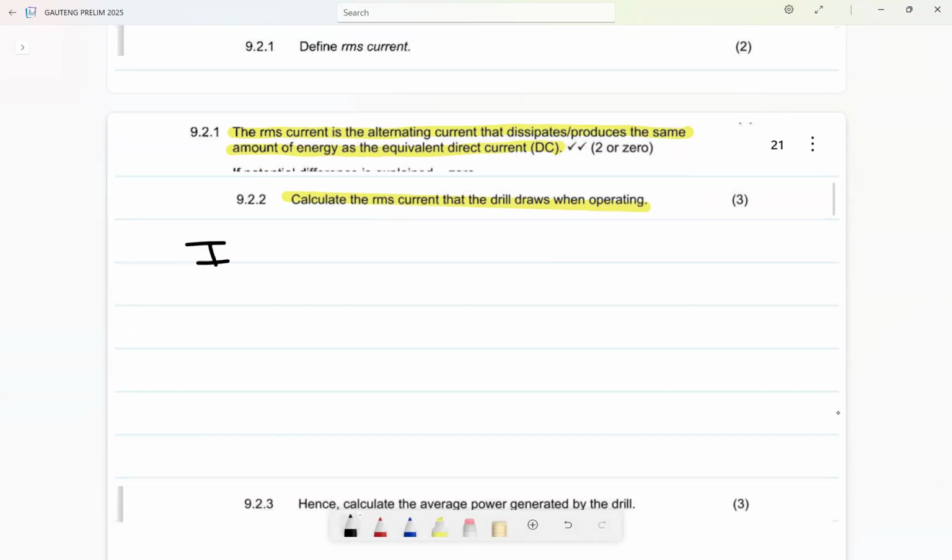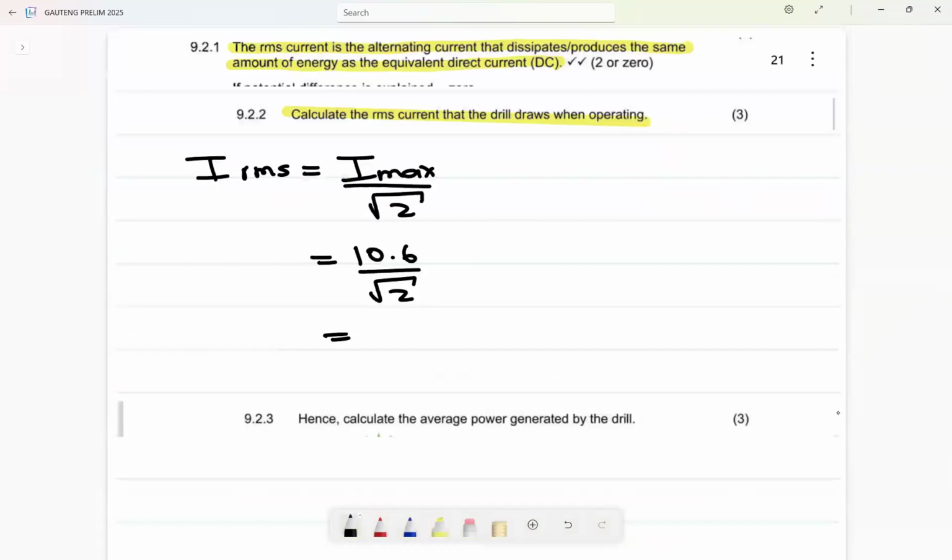Remember, for RMS you have your maximum, and you just need to divide that by the square root of 2. So it's going to be I max, 10.6, divided by square root of 2. Then it's just an easy calculation, and it's going to be 7.495, which is 7.5 amps, if my calculations are correct.